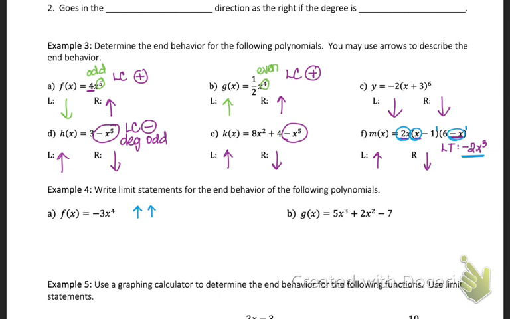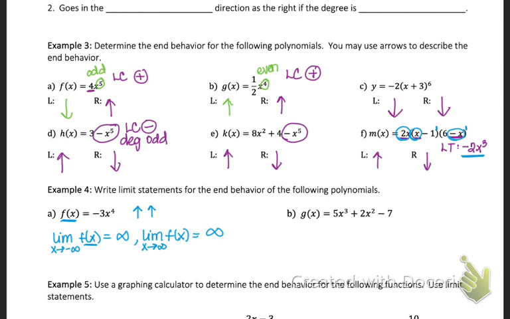I'm going to set this up as my left arrow, the limit as x approaches negative infinity of f of x equals, since the left arrow is up, it is positive infinity. And then the right side would be the limit as x approaches infinity of f of x equals also infinity, okay? Whatever the name is, that's what we're going to put in here.